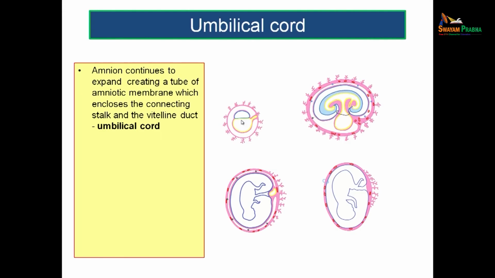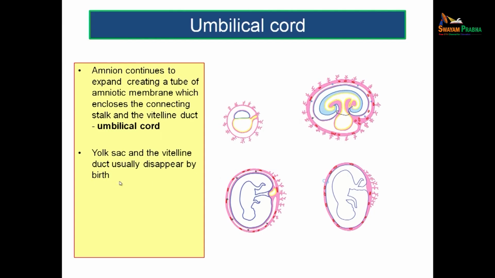This cavity is expanding at a faster rate, and it results in folding of the embryo, so that the amnion will now be covering the umbilical cord as well as the connecting stalk and the vitelline duct. So this results in the formation of the umbilical cord.